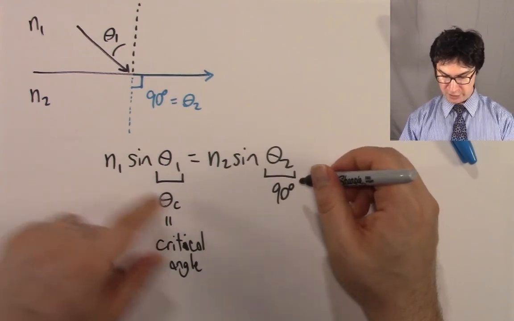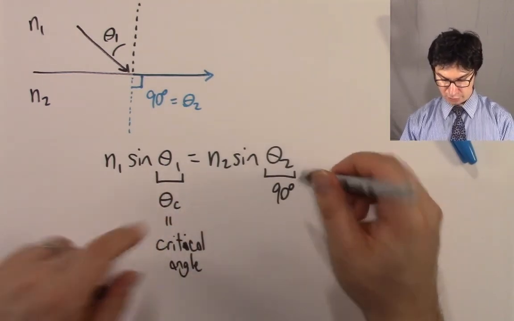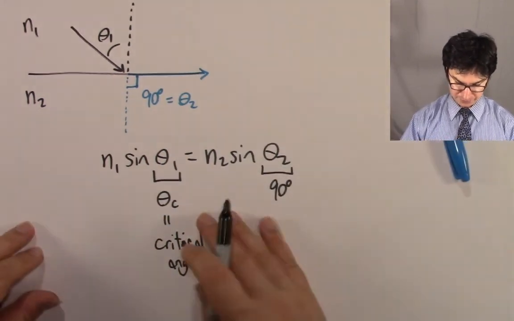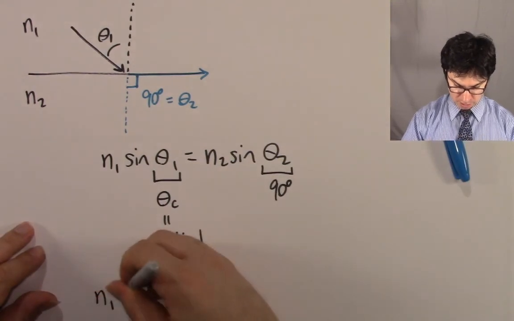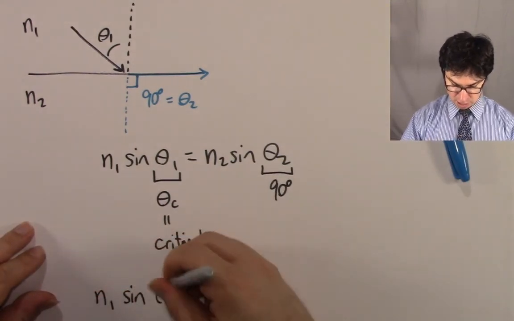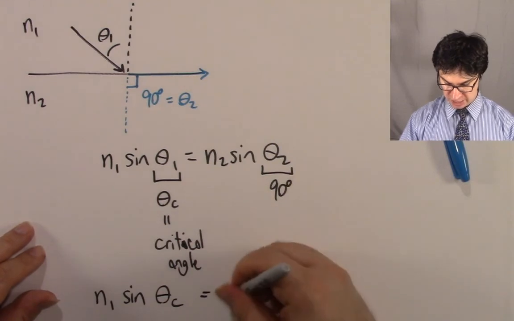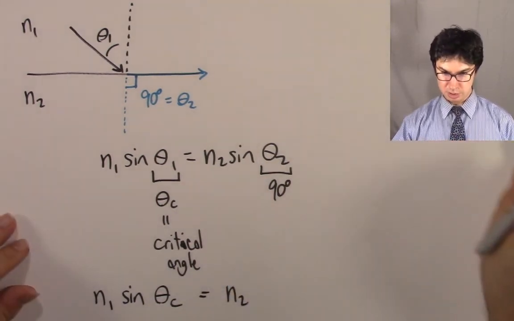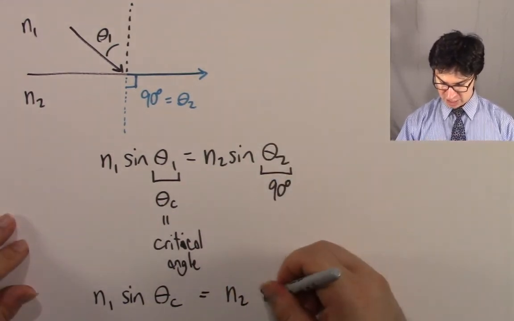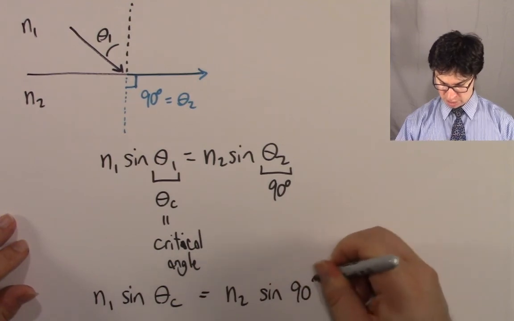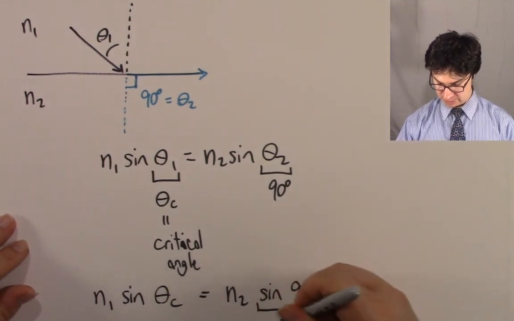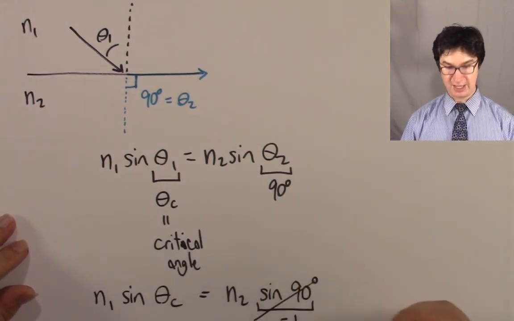Okay? So if we now solve this for our critical angle, we're going to have the equation N1 sine theta C equals N2 times the sine of 90. Now we know the sine of 90 degrees happens to be equal to 1. So this term is going to cancel out.